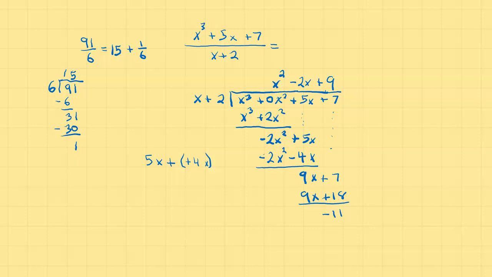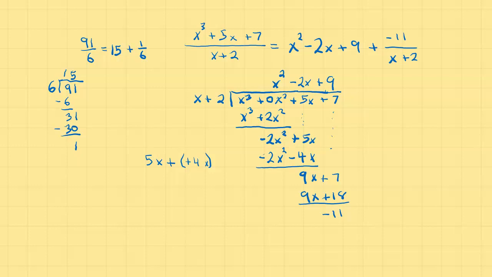So we're going to use the work we just did to write this in a different form. That's the problem we were just given. We were asked to write it in a different form. So x squared minus 2x plus 9, and then we're going to have plus the remainder. So I'm going to put negative 11 divided by the divisor, which is x plus 2.